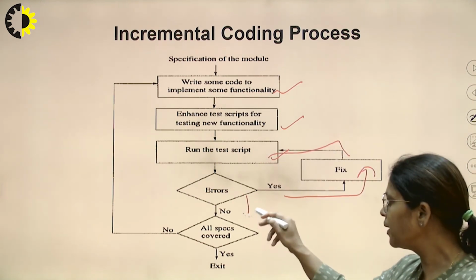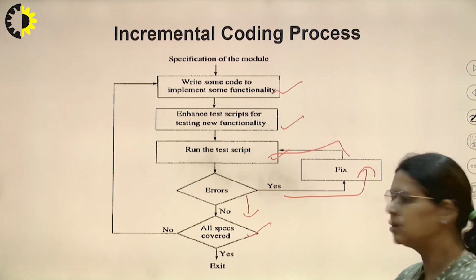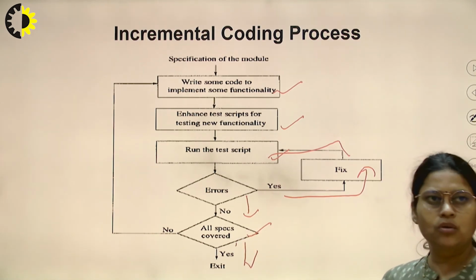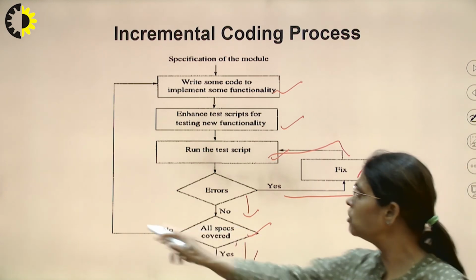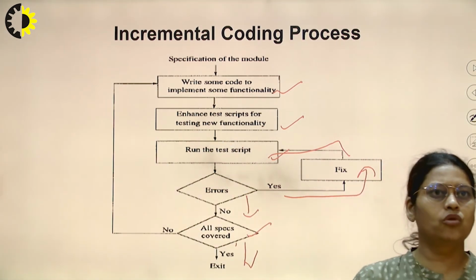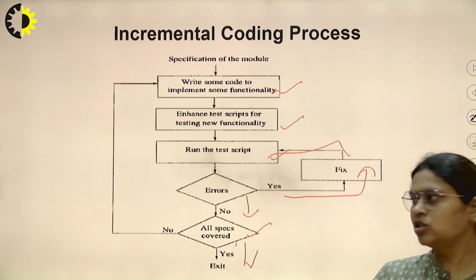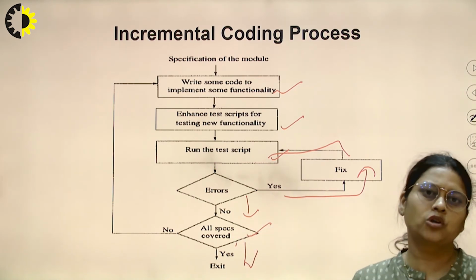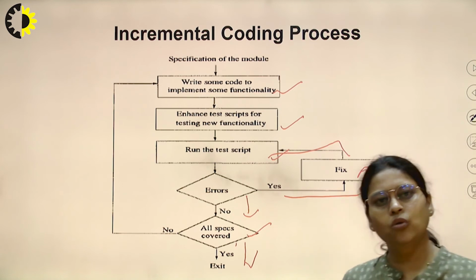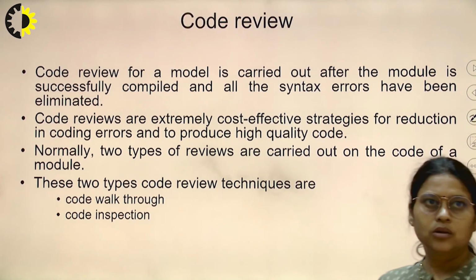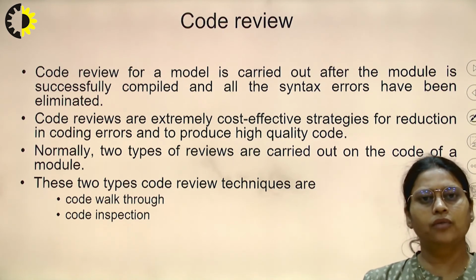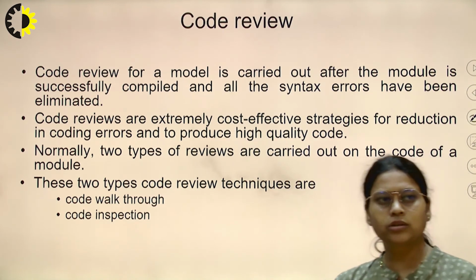If there is no error and all the cases are covered, then we exit from the coding. If not, then again we have to write some code to implement the functionality. So it is an iterative process, and we have to repeat it until we write the code correctly. Code review is one of the methods of code inspection.